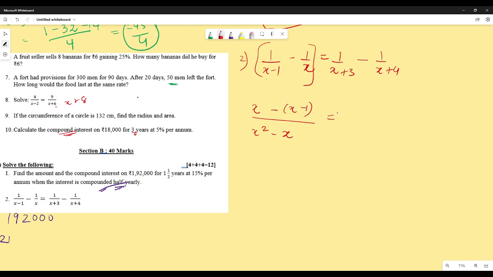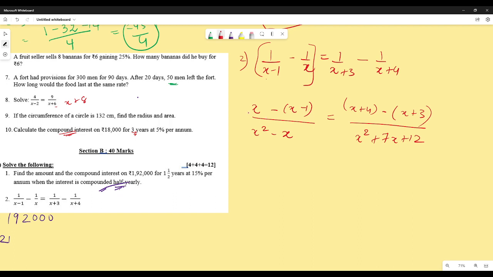Now this equals to, over here we will multiply them as well. So what do we get? We get x square plus 7x plus 12 over here, and here it will be x plus 4 minus x plus 3, right?